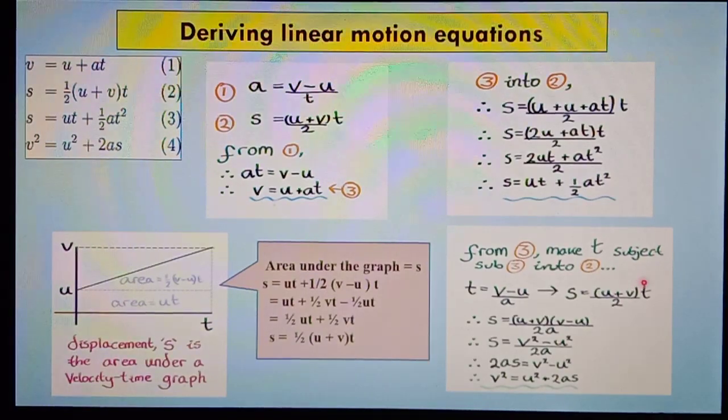So you substitute the t here, and then mathematically you can simplify and make v the subject. You get v squared equals u squared plus 2as. Then you get the fourth equation. Now we have derived the linear motion equations. There are 4 equations altogether.